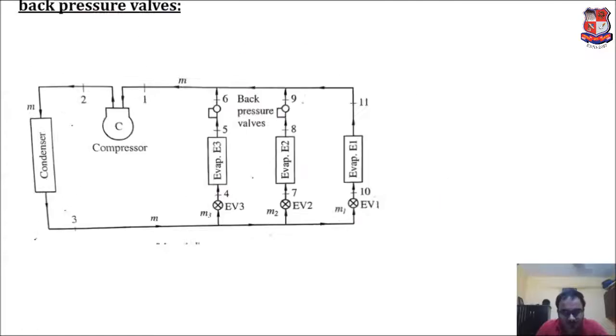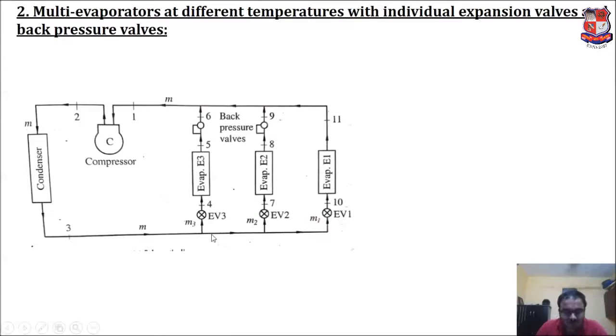So here the total mass M is divided among three evaporators, okay, and additionally we are having two back pressure valves. So we will understand this with the help of pH diagram.